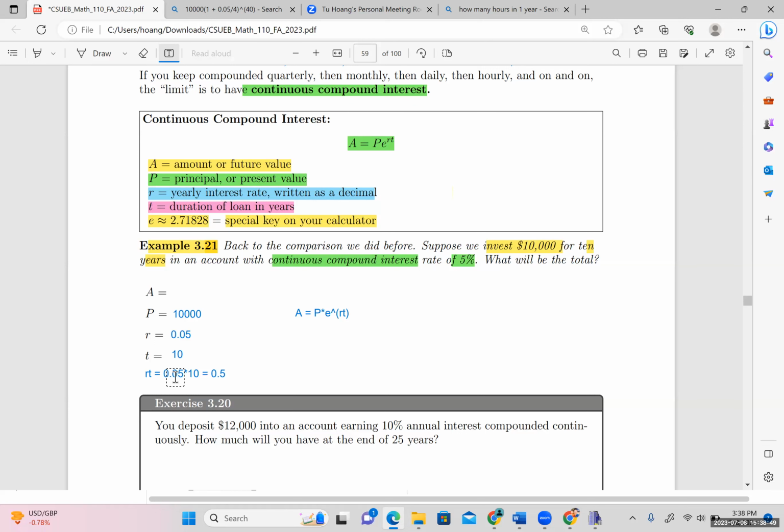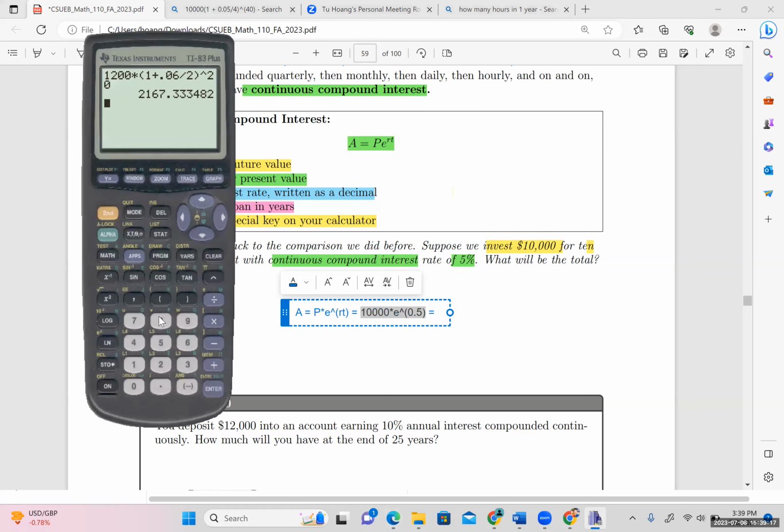Okay, now let's calculate that. We have P is 10,000, times E raised to power, you can put down 0.5, or you can do 10 times 0.05 again. I'm going to use the calculator this time to make sure you see that. 10,000 times E. You can use this E, or you can use this E raised to.